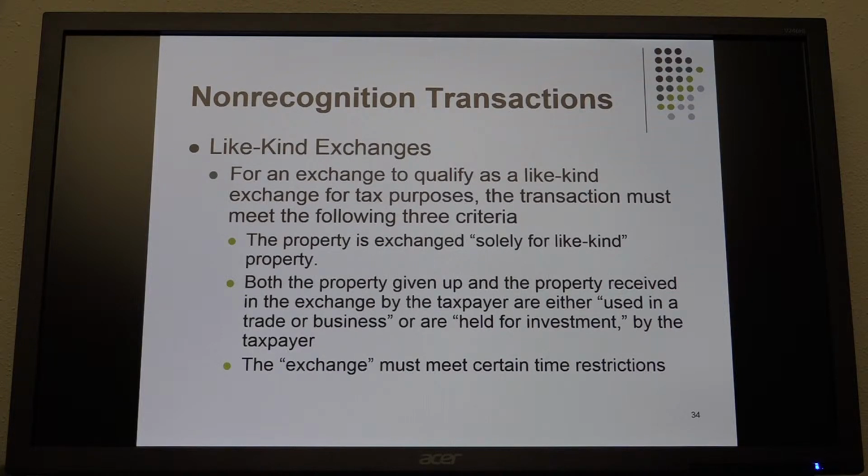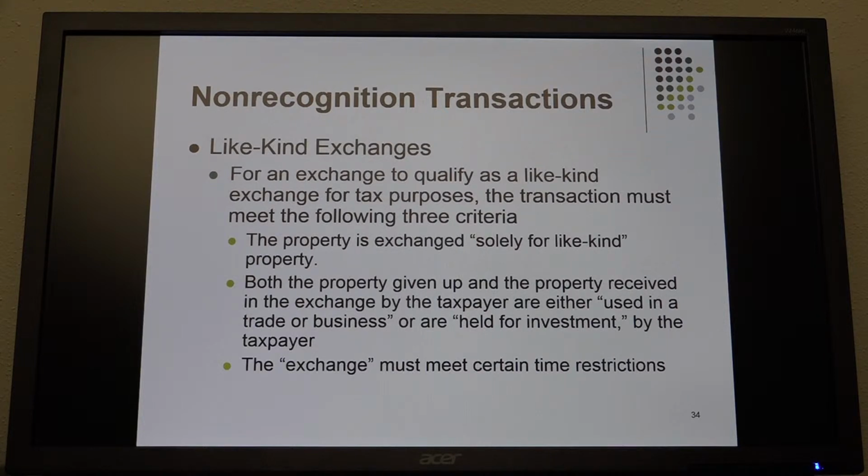So for this exchange to be totally tax-free and deferred, the property has to be exchanged solely for like-kind property. The taxpayer can't receive cash. The taxpayer can't receive, maybe a motorcycle or a car, or some other type of property that's not like-kind.